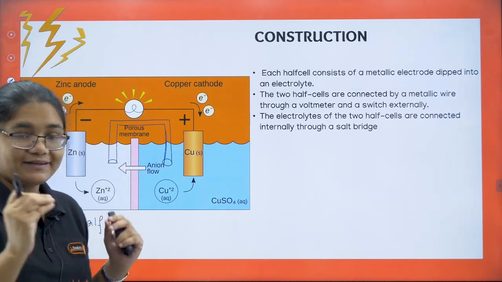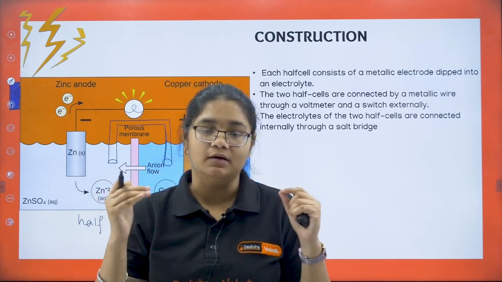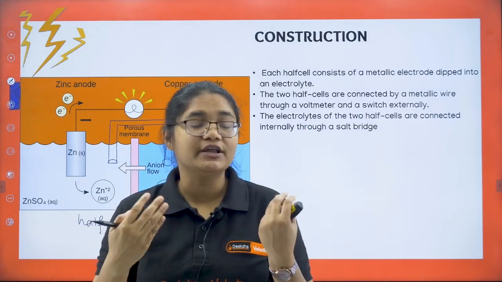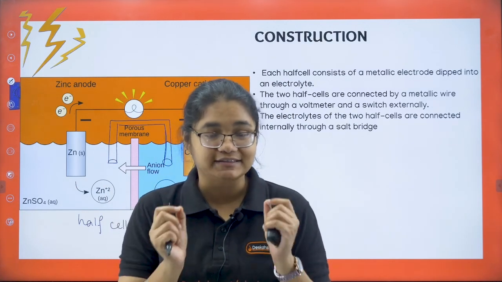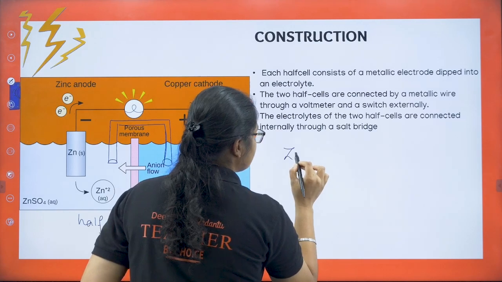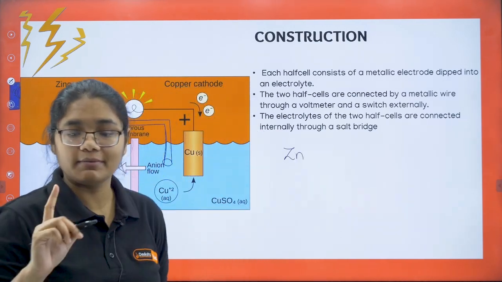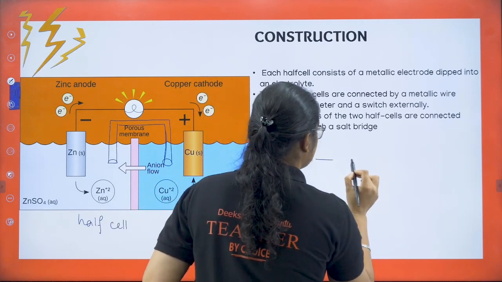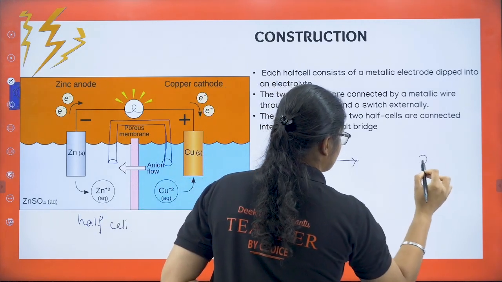Now let's understand the mechanism of this. Zinc is something which can oxidize easily. Zinc can undergo oxidation. Oxidation, if you remember, is loss of electrons. So zinc loses 2 electrons.